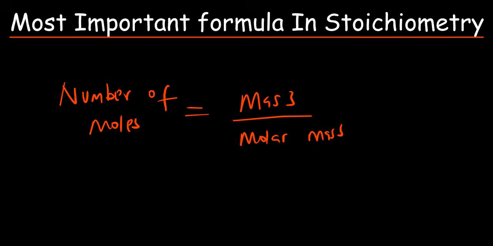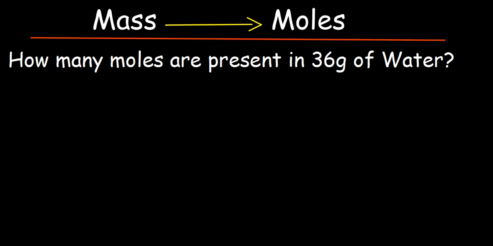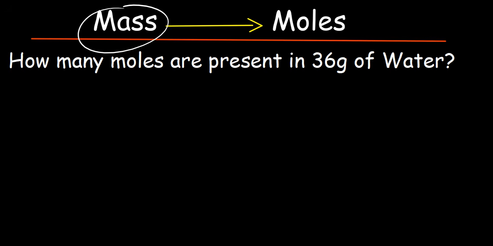Let's say you want to convert mass to moles, okay, based on that formula, because it's a relationship that just incorporates everything. Now, how many moles are present in 36 grams of water? So we're going to write our formula. Number of moles is equal to mass over molar mass.